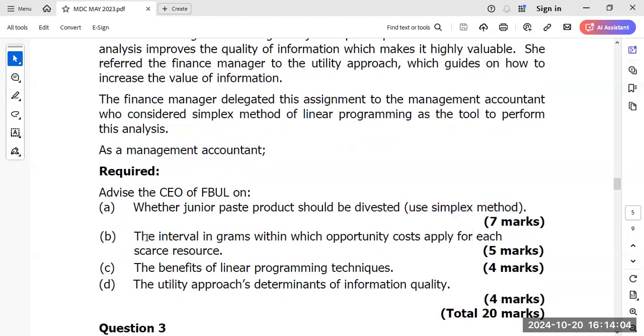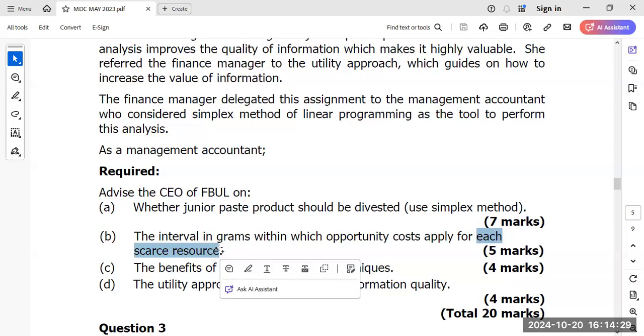Then part B, they are telling us that we advise the CEO of the company on the interval in grams within which opportunity costs apply for each scarce resource. Now you see this one, interval or range is based on each scarce resource.